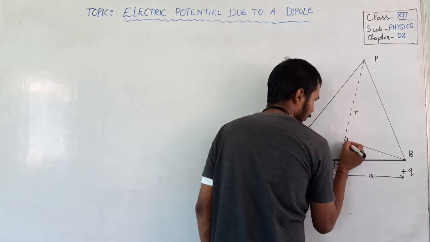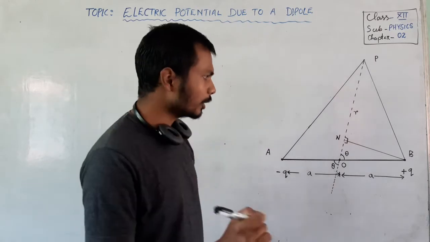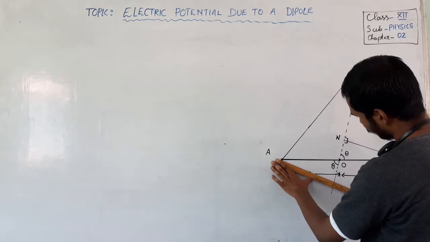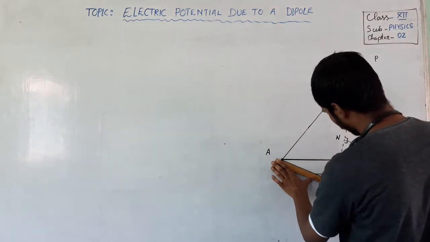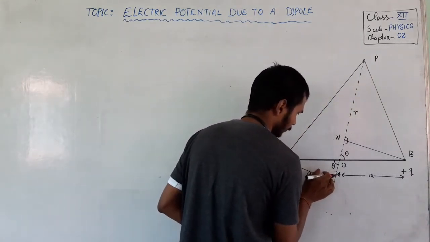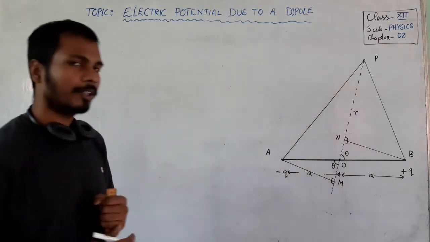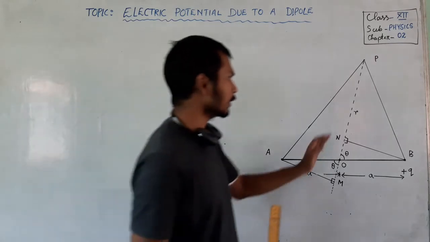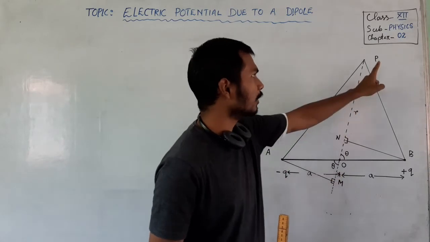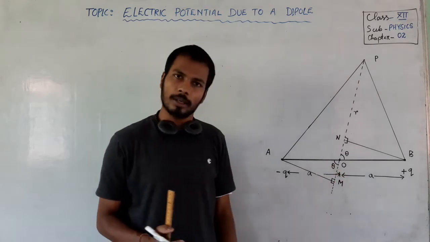This is a perpendicular to this line, and name it as N. Draw another perpendicular from point A to this line, say this is M. So we have drawn two perpendiculars to this line. Which line? The line passing through the point P and the center of the dipole.